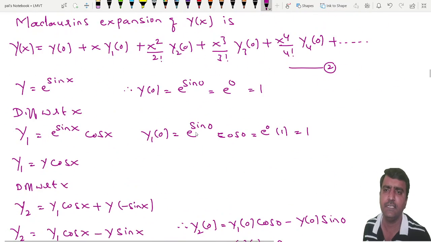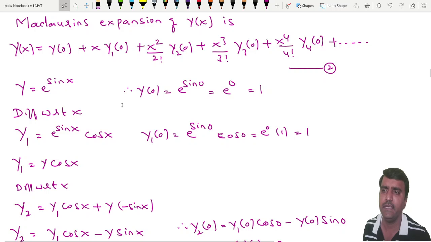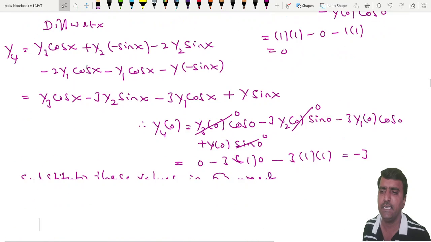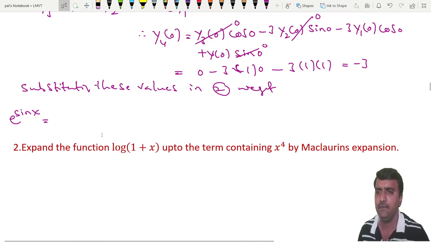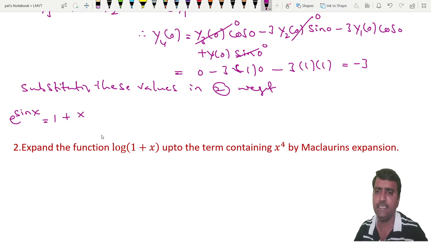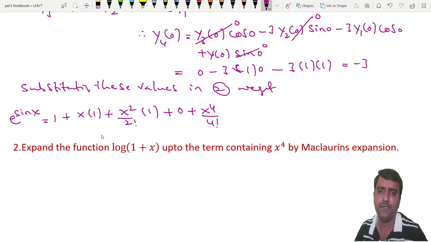Y of 0 is 1, y1 of 0 is 1, y2 of 0 is 1, y3 of 0 is 0. So substituting all, it gives 1, y of 0 is 1, plus x into y1 of 0, which is 1, plus x square by 2 factorial into y2 of 0, which is 1, plus x cubed by 3 factorial into y3 of 0, which is 0, plus x to the power 4 by 4 factorial into y4 of 0, which is minus 3, plus and so on. The series continues like that.